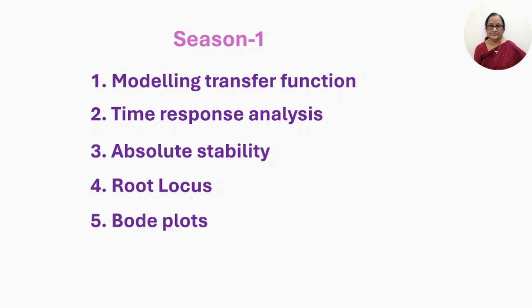Next comes frequency response analysis using Bode plots, then Nyquist plots, and these I'll also be covering elaborately in this season 1: how to write the code, how to get the various plots, and how to analyze. All this will be covered in season 1 of my series. With this introduction to my new series on Python for control systems, let me dive into the first part of it, modeling the transfer functions.